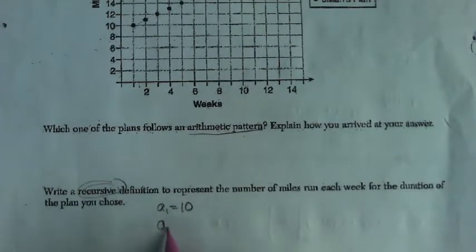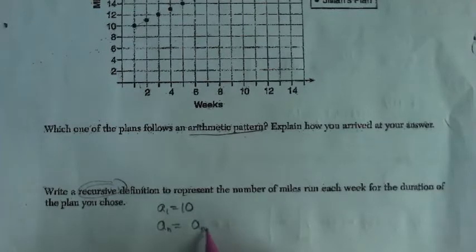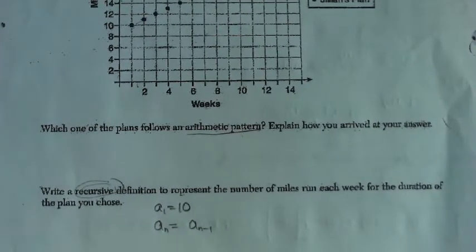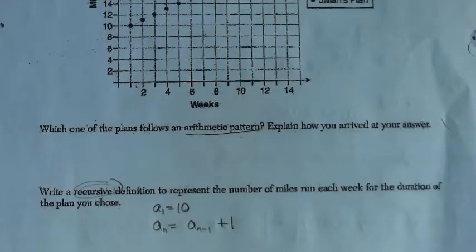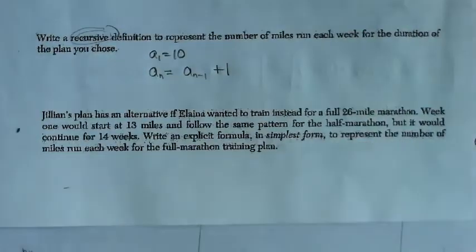So all you need to write is, to get to the nth term, we're taking the term before and doing what to it? Adding 1. If they had asked for an explicit, then you would go use that upper formula. Good? All right.